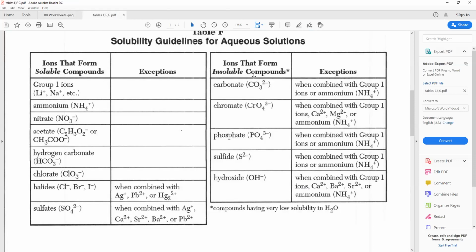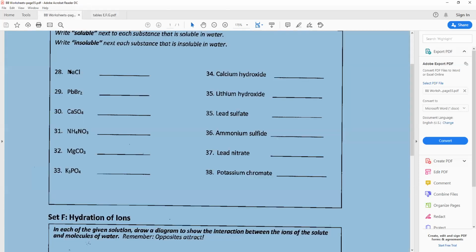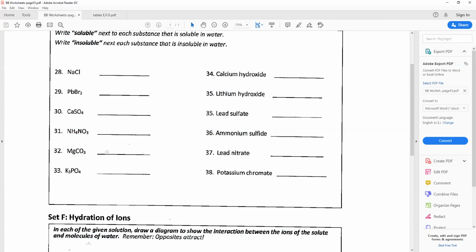We're going to see the carbonate is over here. That makes it insoluble. Is Mg over here? Well, Mg is not a group 1. Mg is a group 2. Therefore, there are no exceptions. That's why MgCO3 is going to be insoluble. Insoluble because of the carbonate.